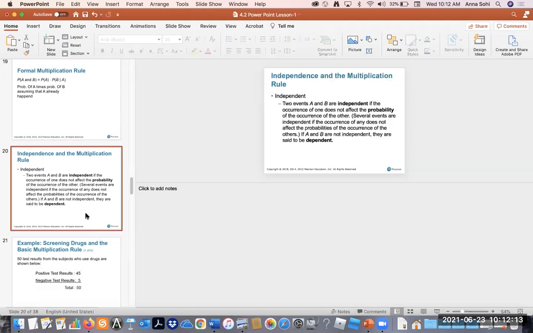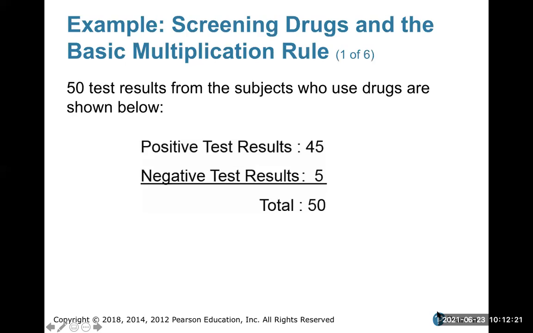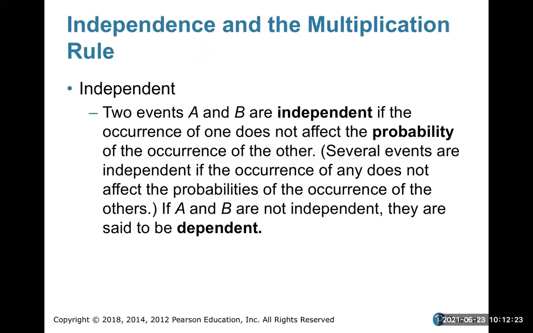So here is an example. Actually, the next one is going to be independent events. Two events are independent if the chance of one happening is not affecting the chance of the other one happening.